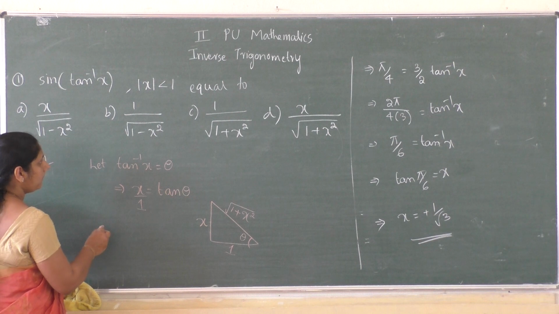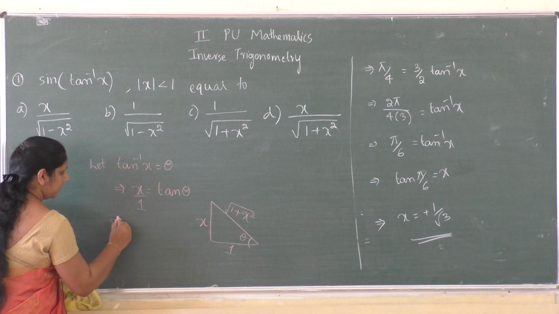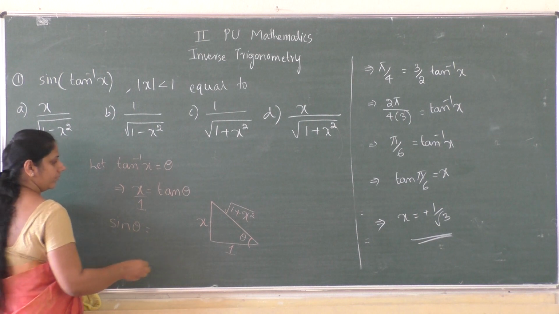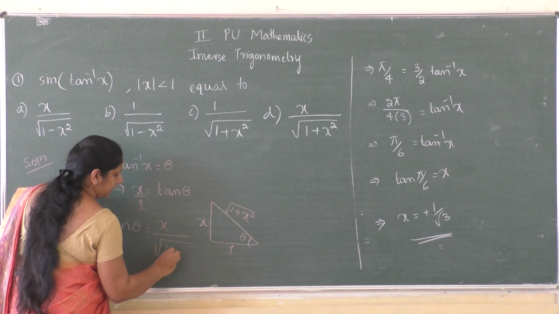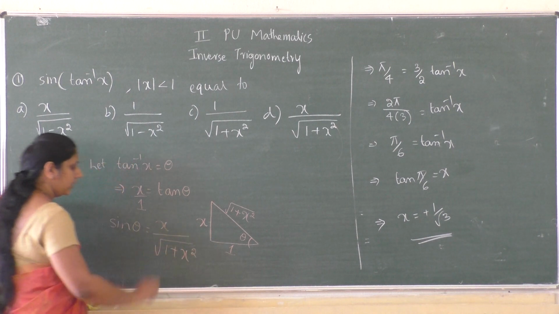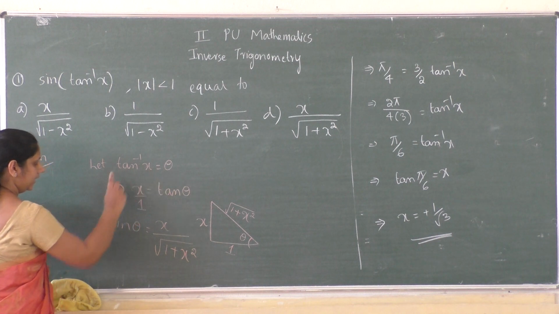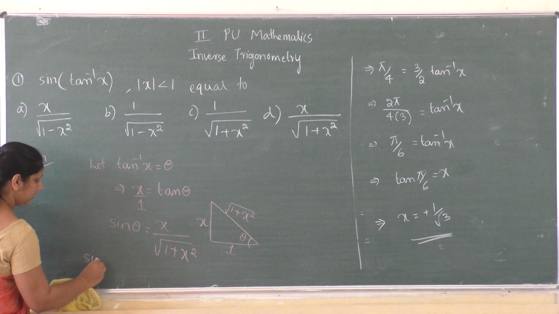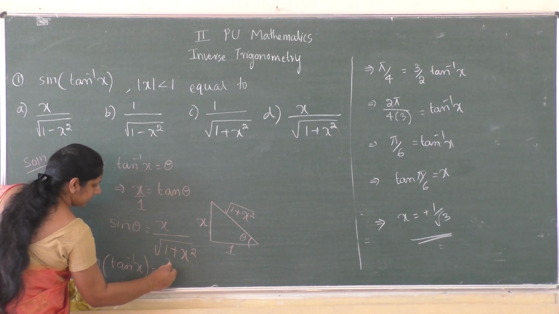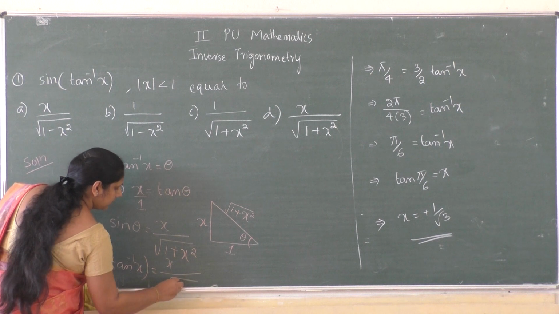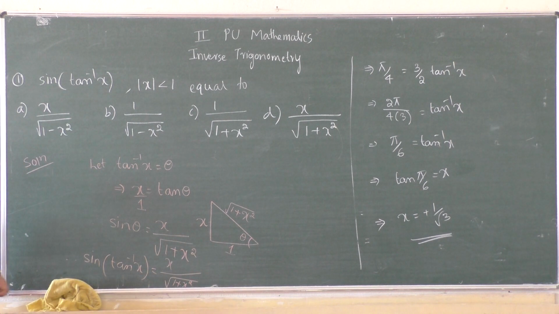Now from the diagram, what is the value of sin theta? Sin theta is opposite by hypotenuse, that is x by root of 1 plus x square. But what is theta? Theta is tan inverse x. So sin of tan inverse x will be x by root of 1 plus x square. So which is the correct answer?